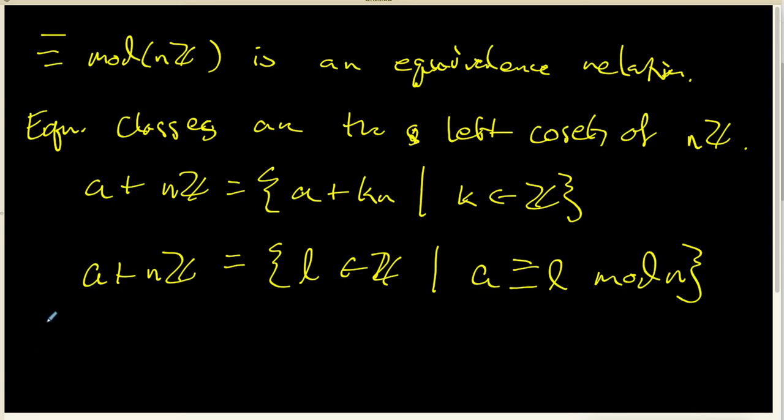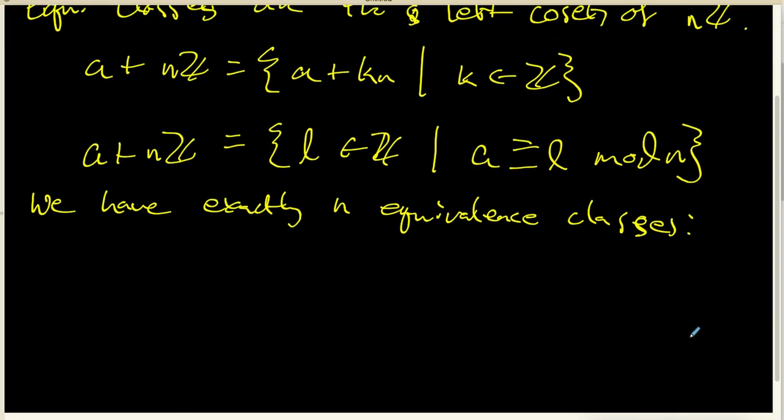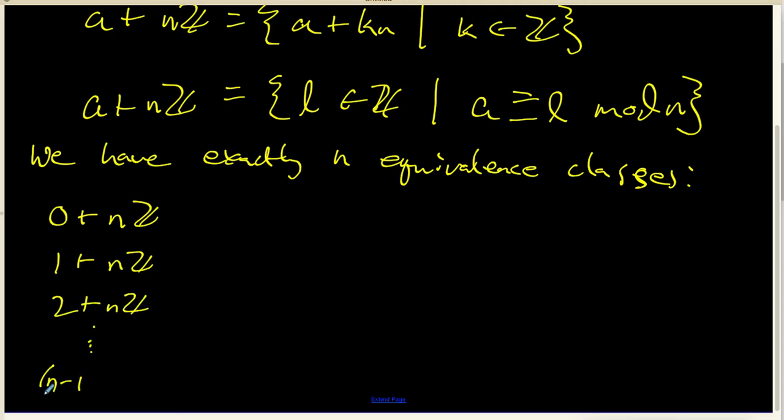And so we actually wind up with exactly n equivalence classes in this particular case. And what are those equivalence classes? Well, we know exactly what they are: 0 plus nZ, 1 plus nZ, 2 plus nZ, all the way up to n minus 1 plus nZ.